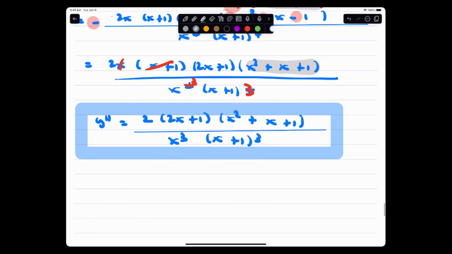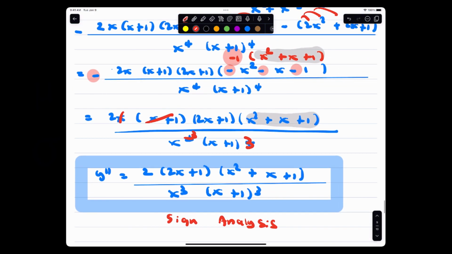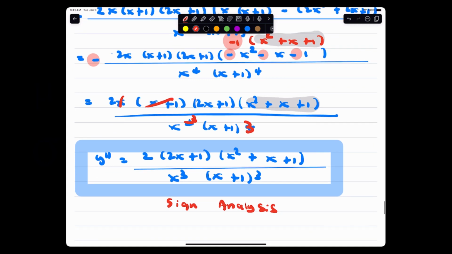And so I can actually really easily find now. Now you can do sign analysis a lot easier. So yeah, I did take care of that negative sign there. I did mention that. I factored out the negative 1, and the negative times the negative is gone. x plus 1, 2x plus 1 times that, and we did some simplification.